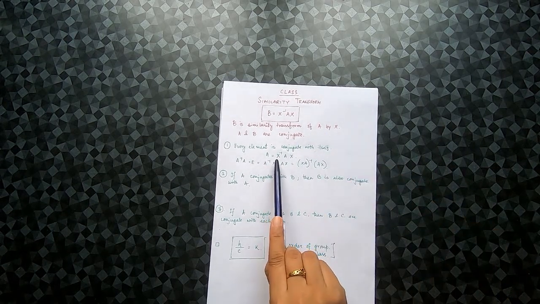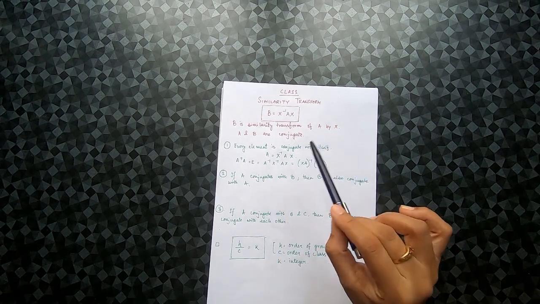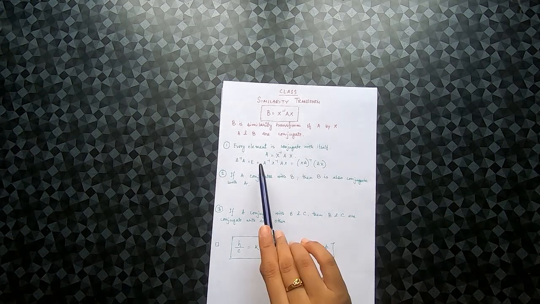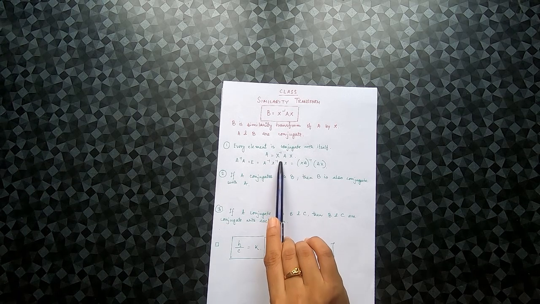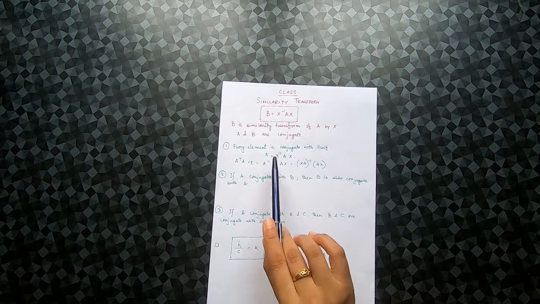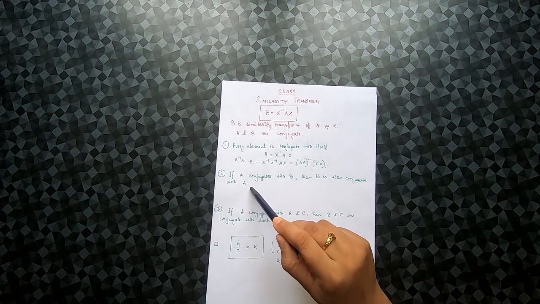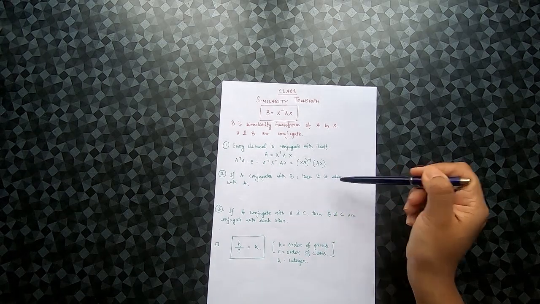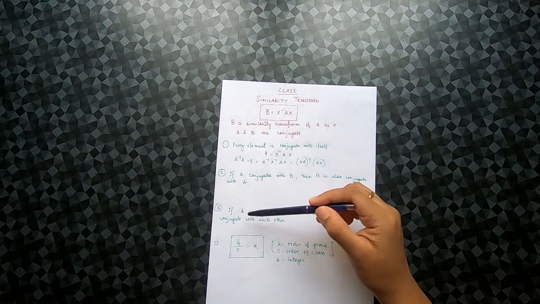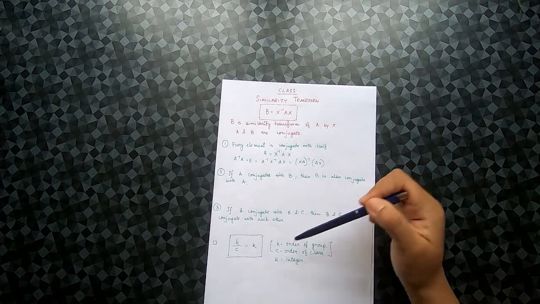That means if A and X both are present in the same group, then A equals X inverse A X. That means A is the similarity transform of A with respect to X. That means every element is conjugate with itself. If A is conjugate with B, then B is also conjugate with A. And the next one is, if A is conjugate with B and C, then B and C are conjugate with each other.